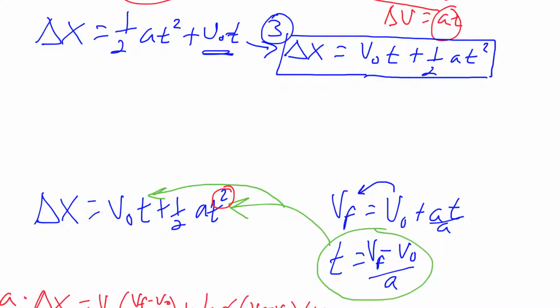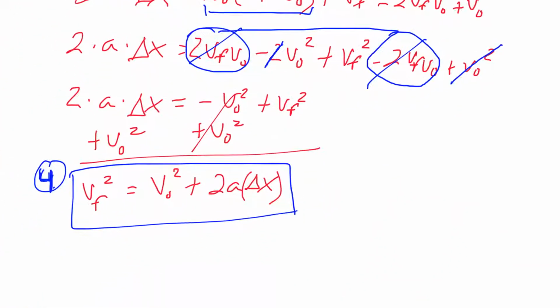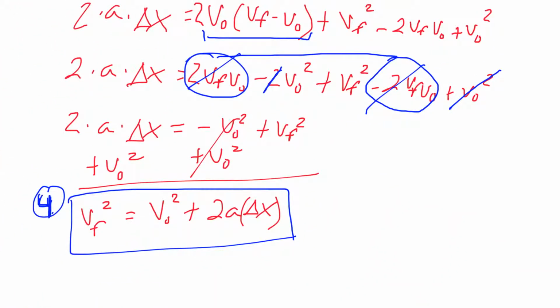Which one is this missing? V final. So if you're not given anything about the final velocity, you could use this one. Look at this last one down here. It doesn't have time. So if you're given information and time is not given to you, then this equation would be useful.